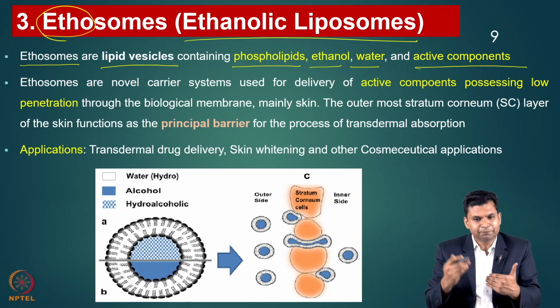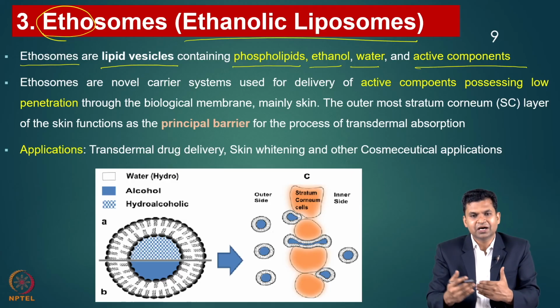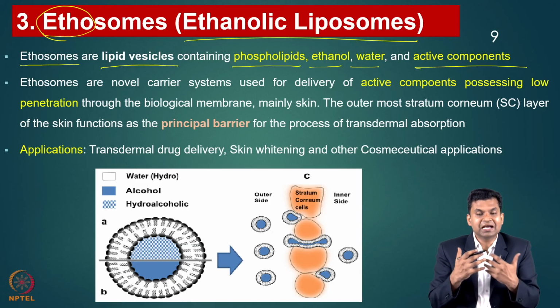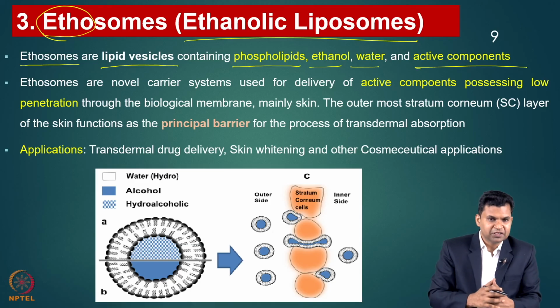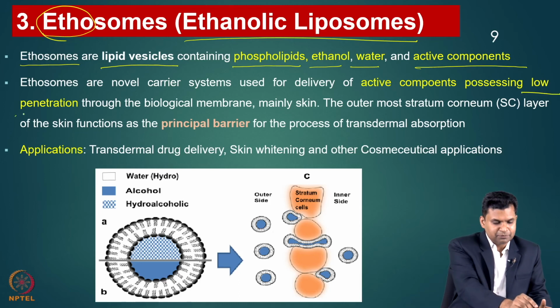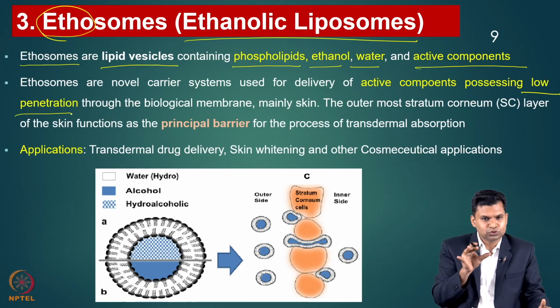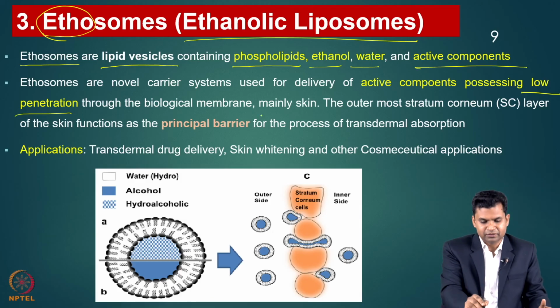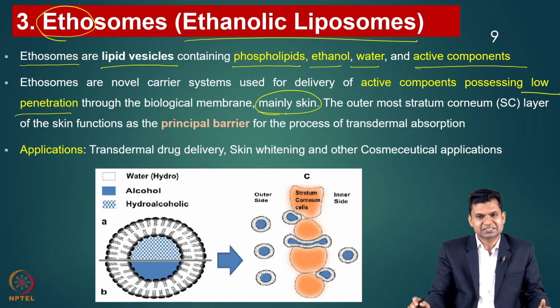In upcoming slides we are going to see the mechanism of ethosomes. Ethosomes are novel carrier systems used for the delivery of active components which have low permeability, nothing but low penetration through the biological membrane, mainly through the skin.